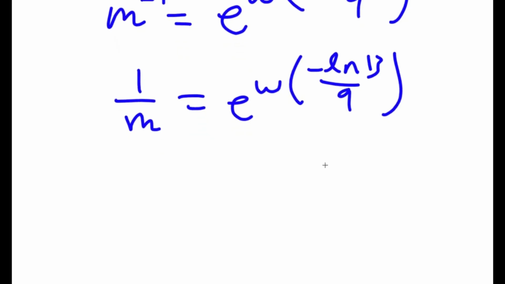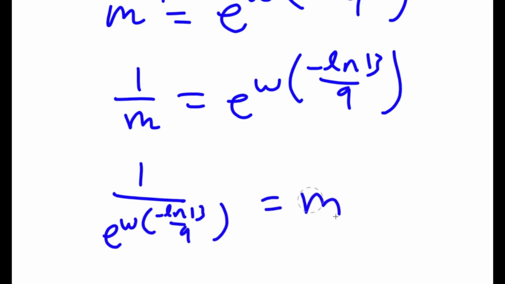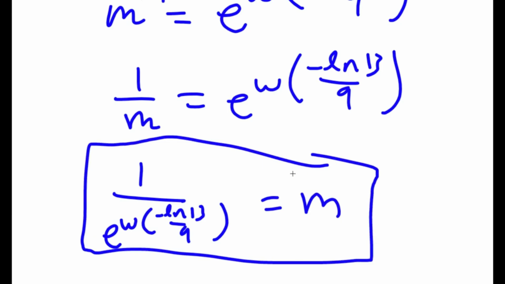And now, if I flip both sides, I get 1 over e to the power of W of negative ln 13 over 9 is equal to m. So that is our answer.